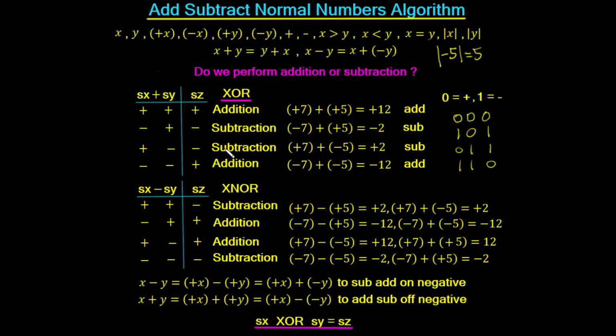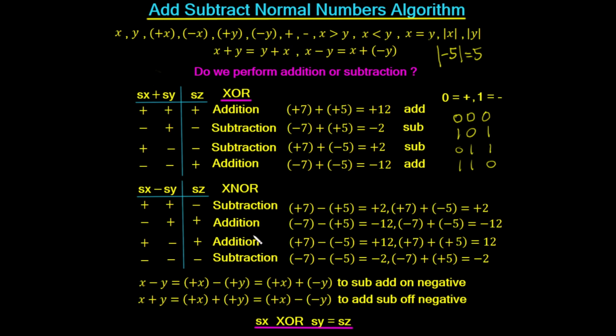And the reason why we can use just one is because of this little section here which we talked about at the beginning. If we were to subtract a number, it's the same as adding on the negative. So rather than working with this subtraction table here, which is an exclusive NOR, we can just convert this back into the exclusive OR.